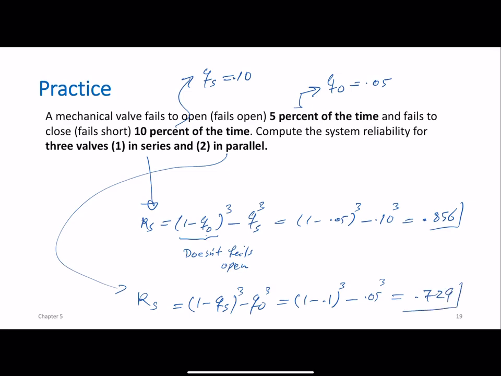You can see that in this case, the parallel structure, interestingly enough, has a lower probability than the series structure. So previously we have seen that series structure always brings down the reliability, and parallel increases it. But for three-state devices, three-state components, that is not the case.